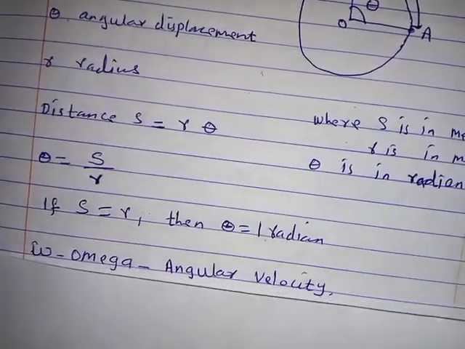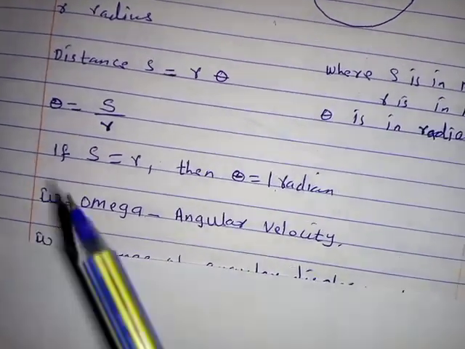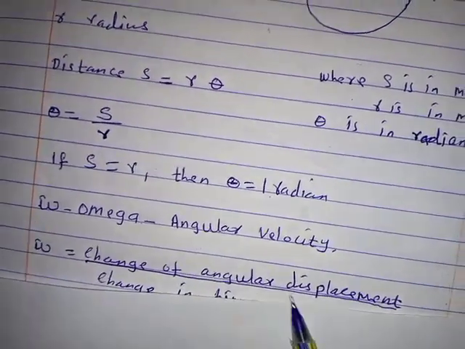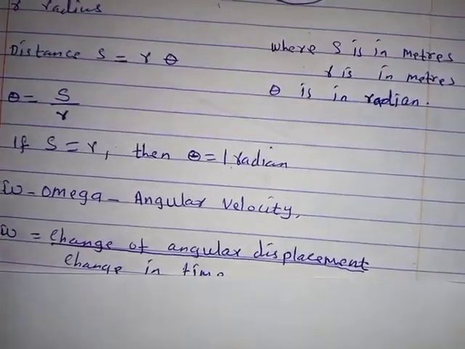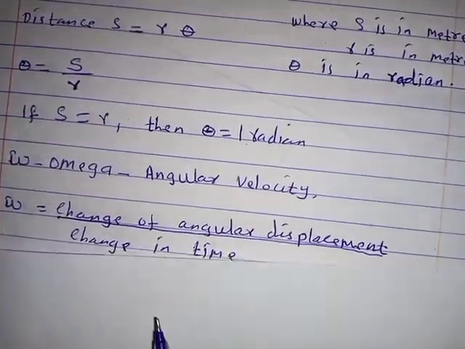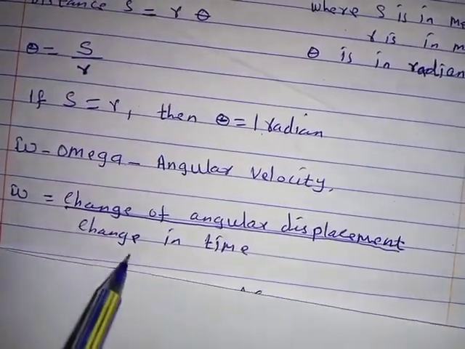Angular velocity has the symbol omega. Omega is a Greek letter, this one, omega. So angular velocity is defined as the rate of change of angular displacement with time.